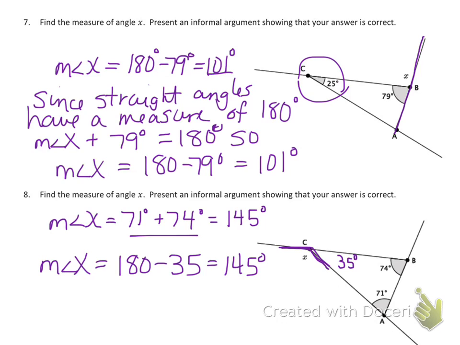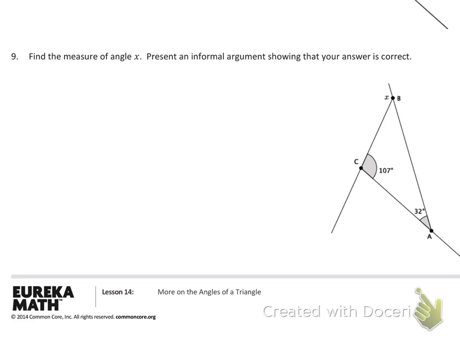Okay, we've got two more, so let's look at those now. For number 9, the measure of angle X is 107 plus 32, which would be 139.